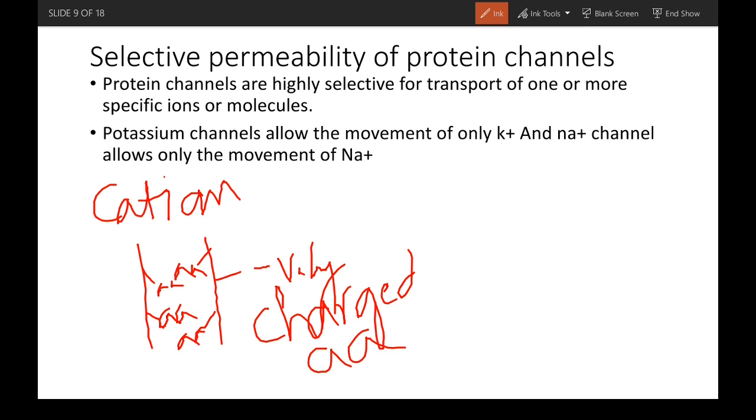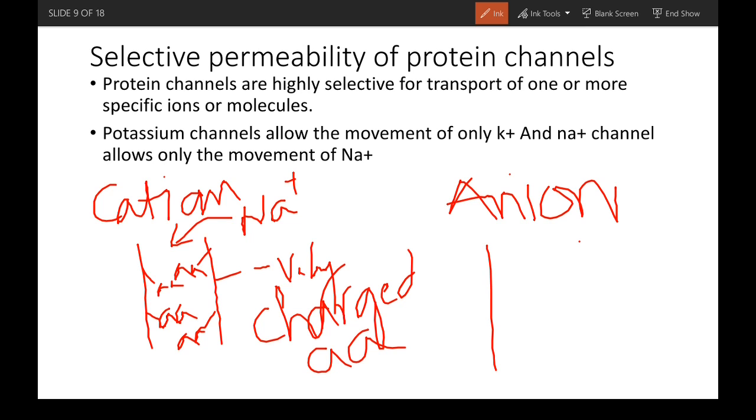So when negatively charged amino acids are there, they will attract only the positive ions toward themselves, right? Only positive ions will be allowed in. While if it is for an anion like a chloride channel, then the amino acids lining the channel will be positively charged.